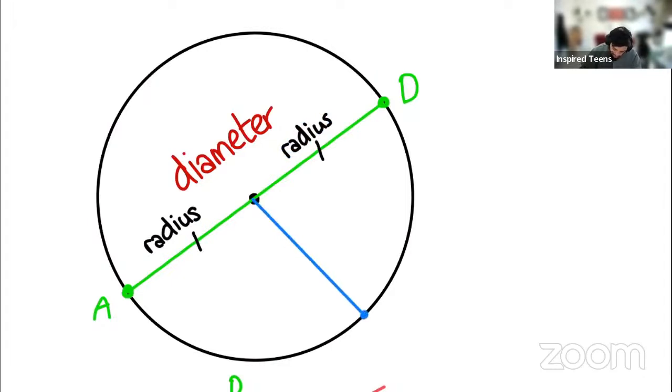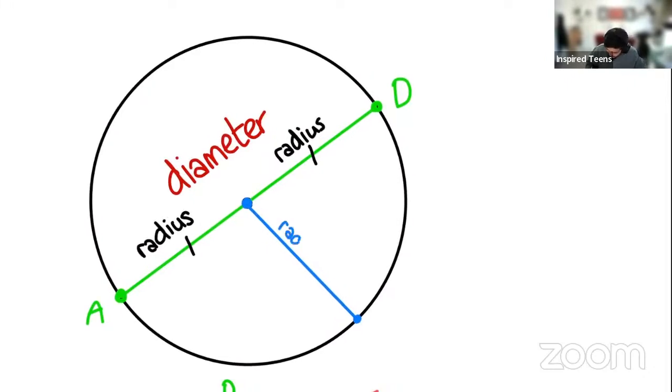So for example, I can easily draw another radius here. That's also a radius, and they are all equal, because the distance from the center to the circumference, no matter where you are on the circle, is always going to be equal. So remember that the radii are equal.